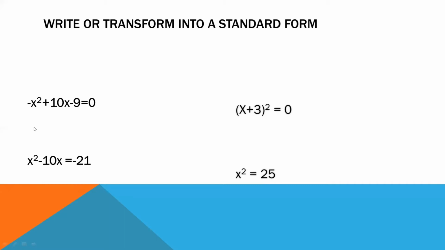So, how can we do that? Let me give you an example. In our example number 1, we have negative x squared plus 10x minus 9 is equal to 0. Since this equation is equal to 0, no need to make it equal to 0. But the quadratic term is negative.